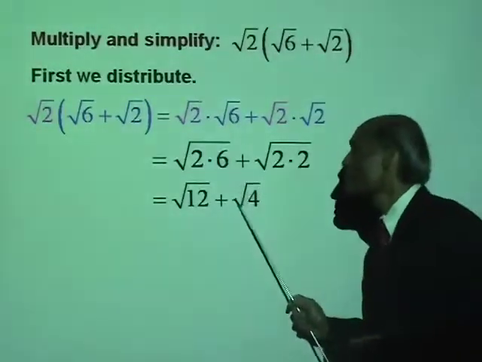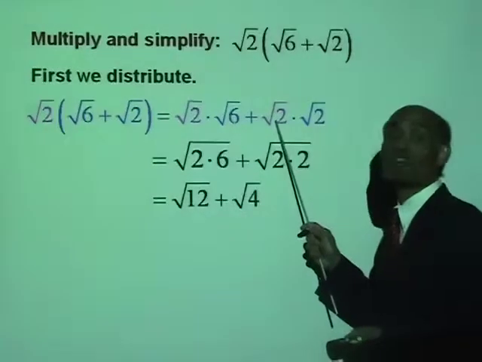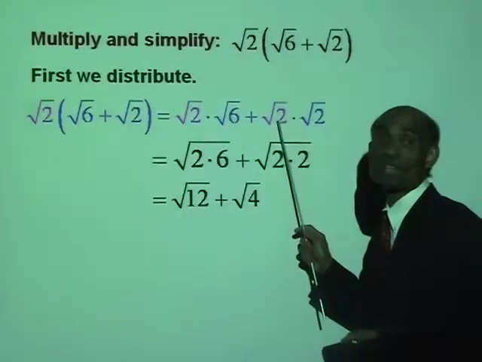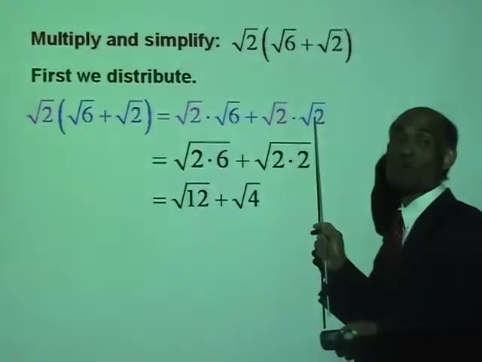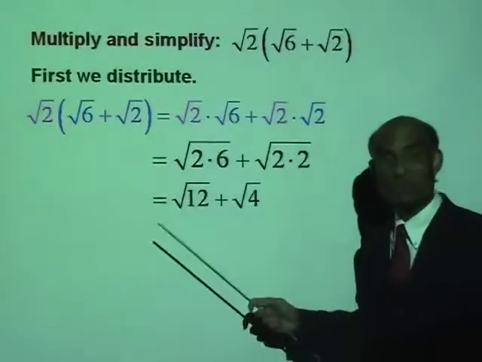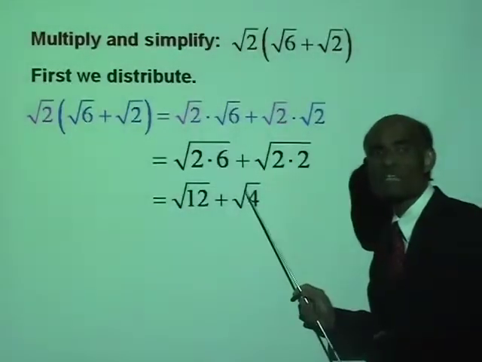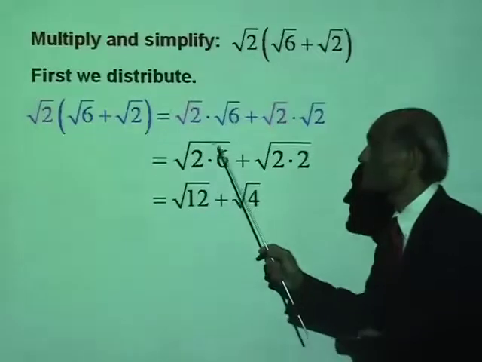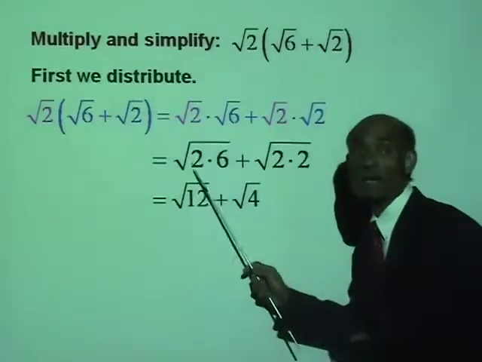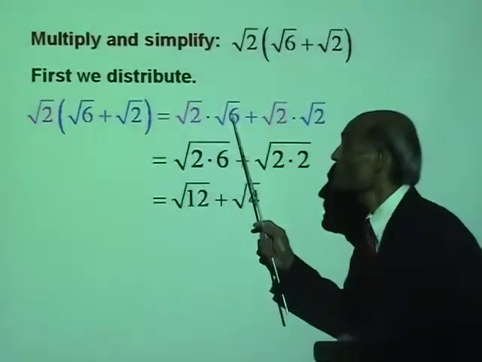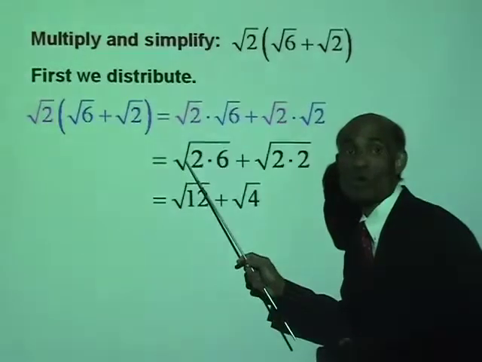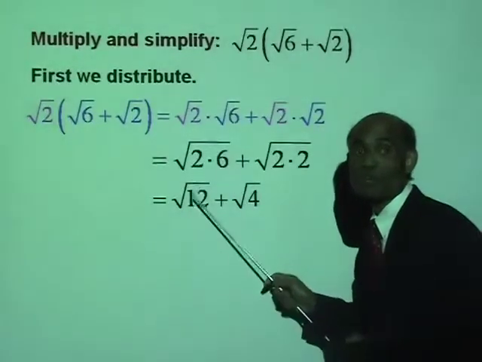Well, you know this is a perfect square. We could have said square root 2 times square root 2 is 2. We don't really need these details. But this is okay.